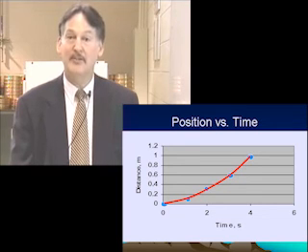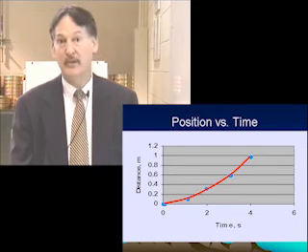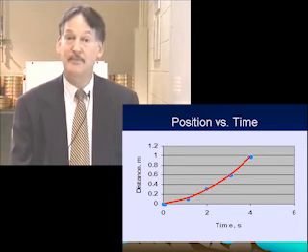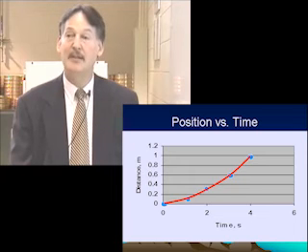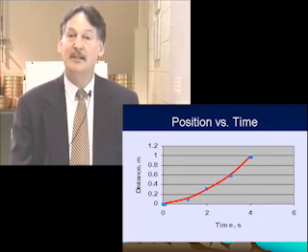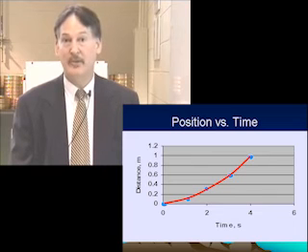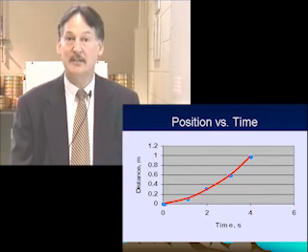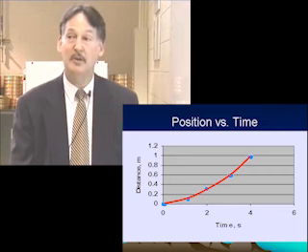Uniform acceleration means that the value of the acceleration is constant. For example, when you drop something and it falls to the ground, speeding up as it goes, the acceleration of gravity is a constant value. That value is 9.8 meters per second squared, or in a system you may be more familiar with, 32.2 feet per second squared.